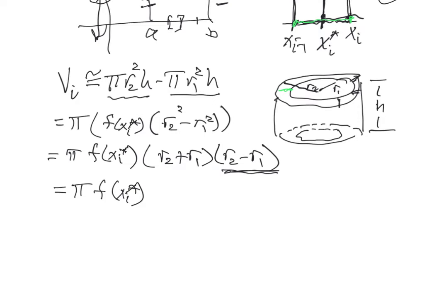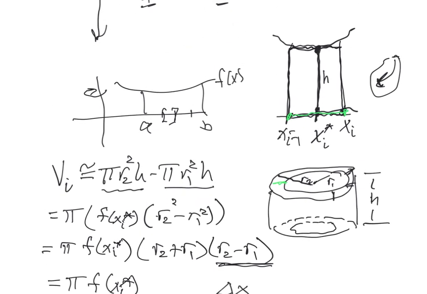So we still have to deal with this r2 plus r1, but let's slip a delta x in over here, and then we'll figure out what to do with r1 and r2. If you notice, again, let's take a look at this picture. So the inner and outer radii are, here's the inner radius, it's the distance from here to there.